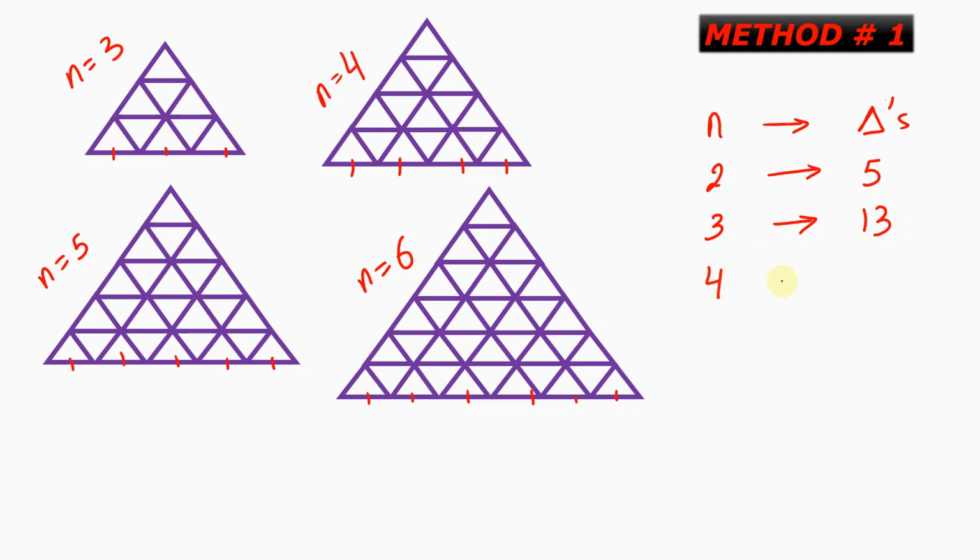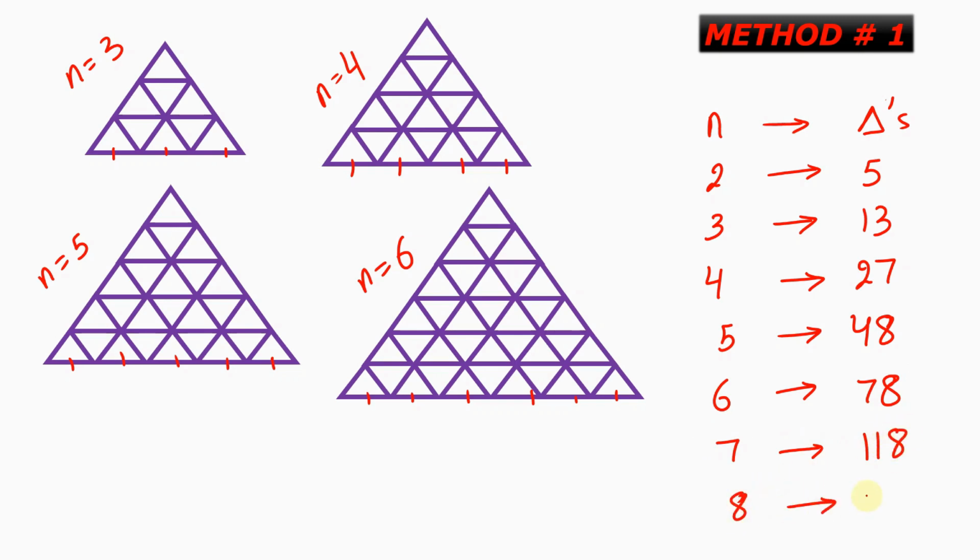For n equal to 4, the number of triangles is 27. For n equal to 5, it is 48. For n equal to 6, it is 78. For n equal to 7, it is 118. And for n equal to 8, it is 170.